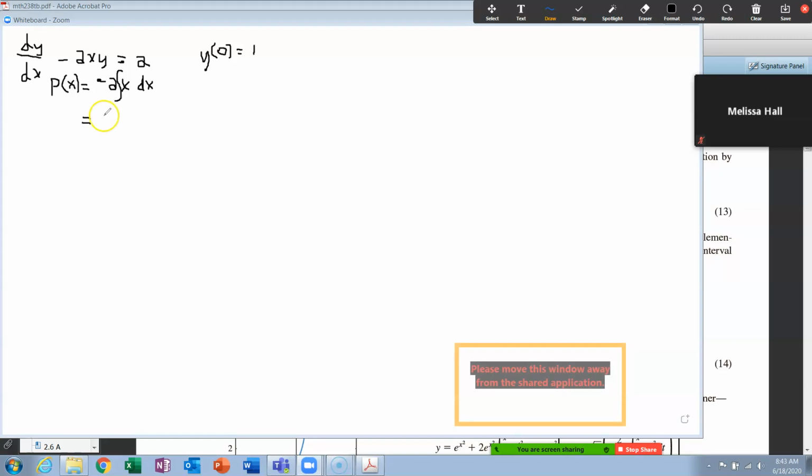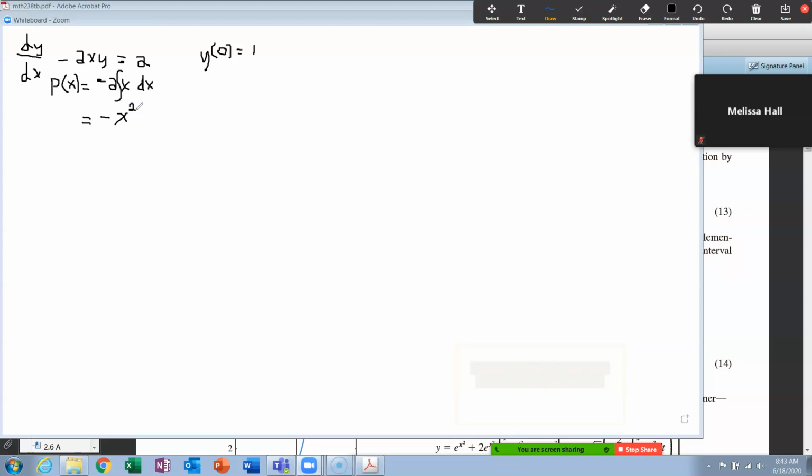What is that going to be? The minus sign is still going to be there. The antiderivative of x is x squared over 2. And that wipes out the 2, so that just gives you minus x squared.